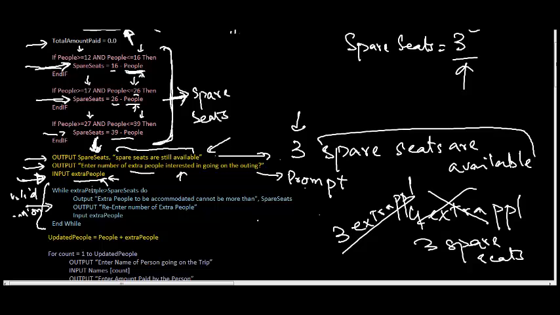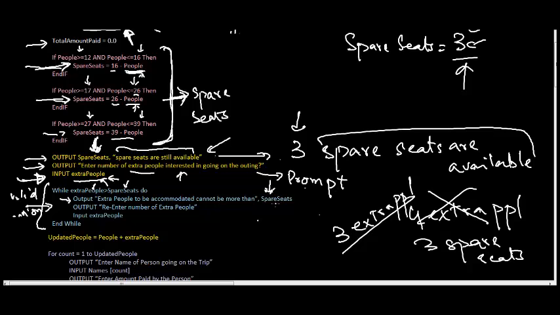The number of extra people interested in going on the trip is more than the spare seats. Then you enter this loop and output this message: extra people to be accommodated cannot be more than the value of spare seats. In our example, this is going to be 3, so extra people that can go on the trip cannot be more than 3.